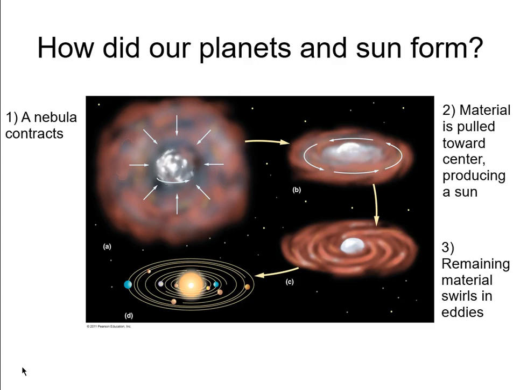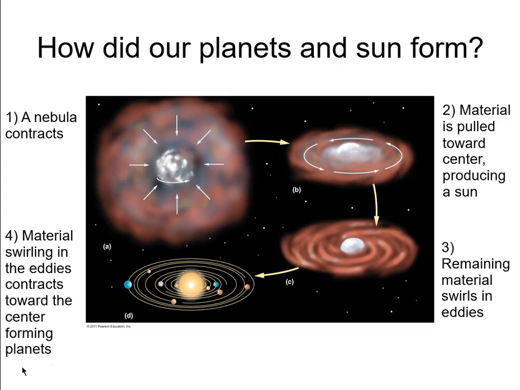There's all this dust swirling around the early sun, and as it's swirling, it forms these little eddies. Those eddies are a bunch of dust and gas swirling around in a circle, and the same way that the early nebula contracted, those little balls also contract. Those balls contracting are what forms the planets.